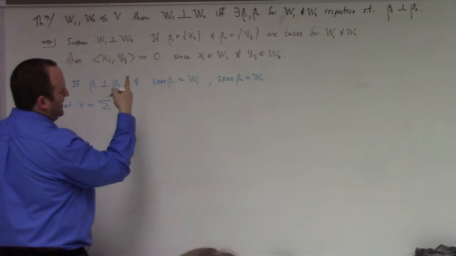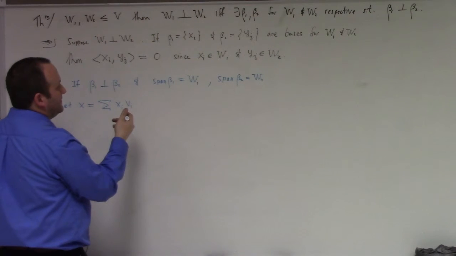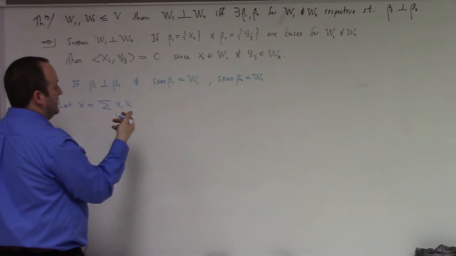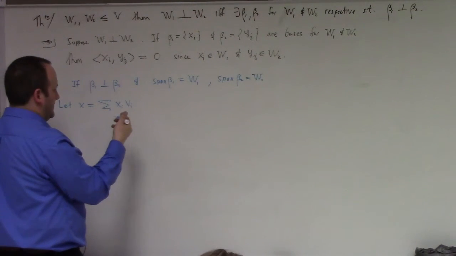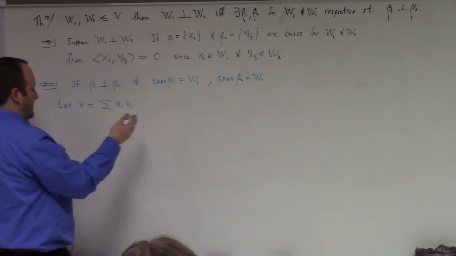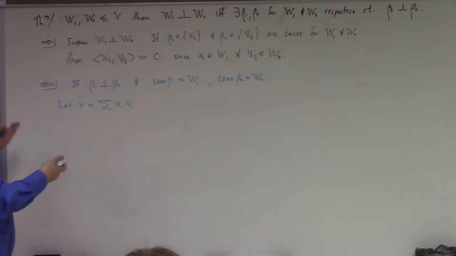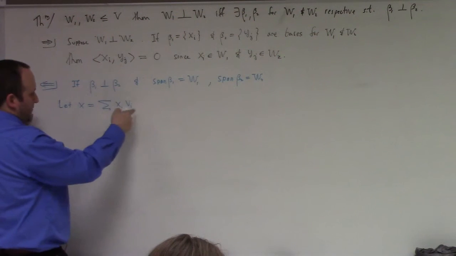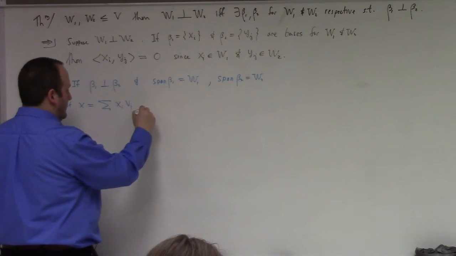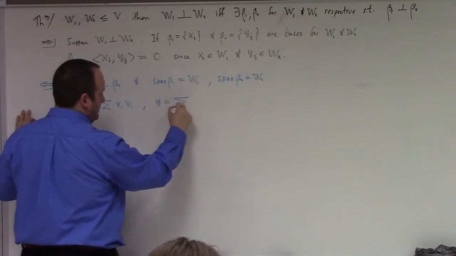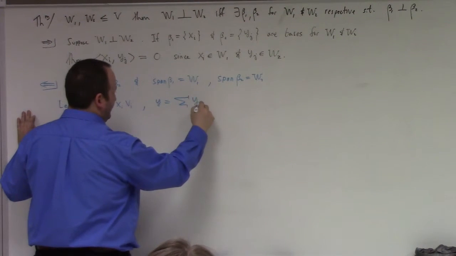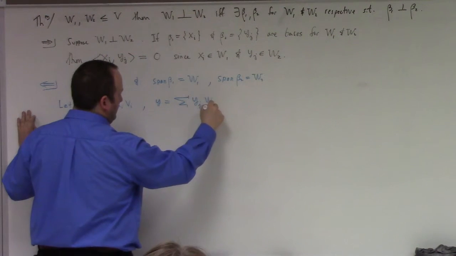I'm sorry, I was using xi as the basis up there. I'm going to change notation here. I hope you're okay with it. X equal to that, all right? And let y equal to this, sum of y_j w_j.